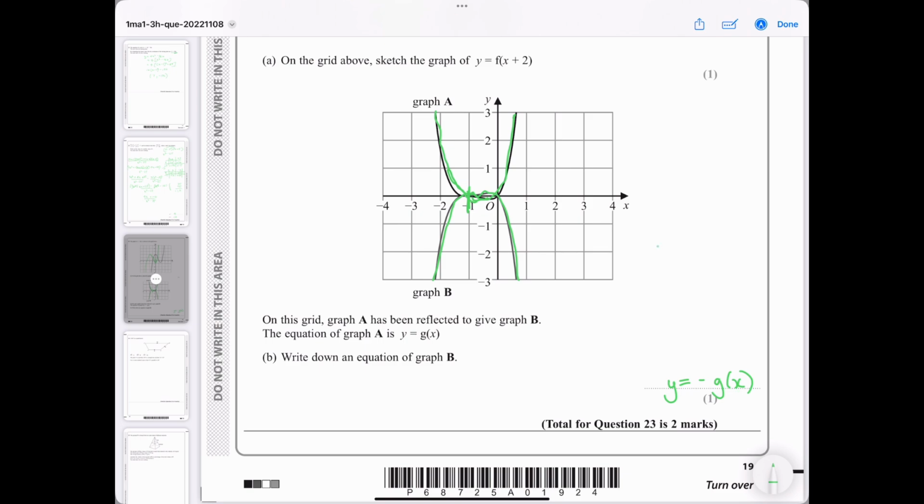So minus 1 would flip to 1. If this was at 1, we put that there. That would go to... I think it's minus g. Anyway, I've just talked a lot.